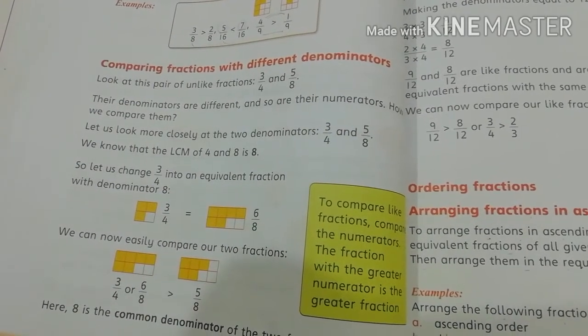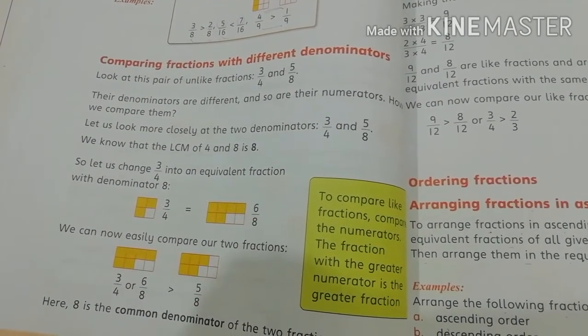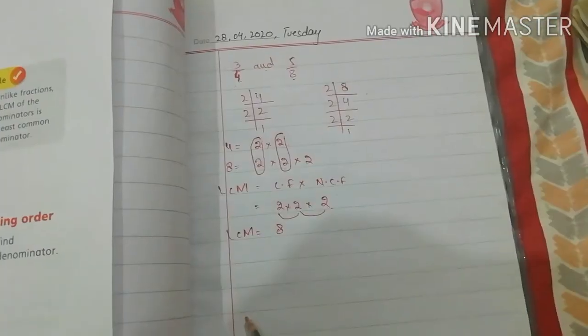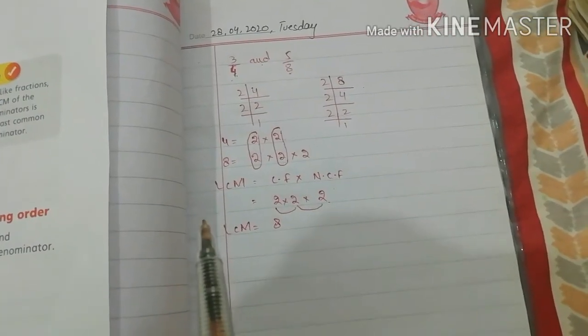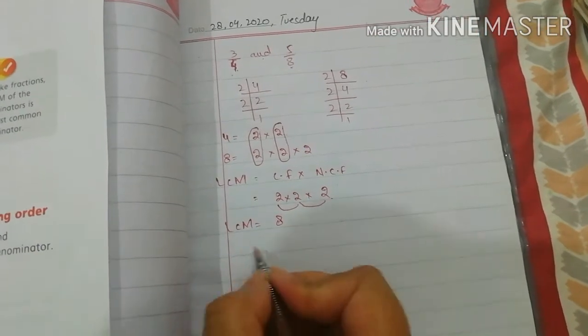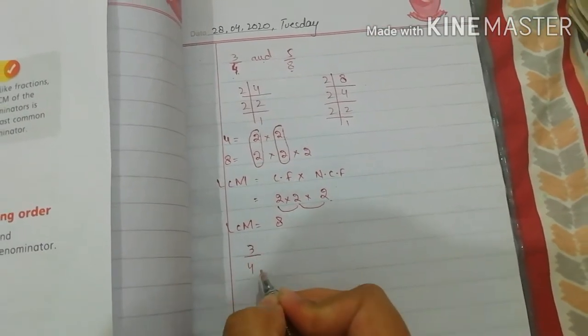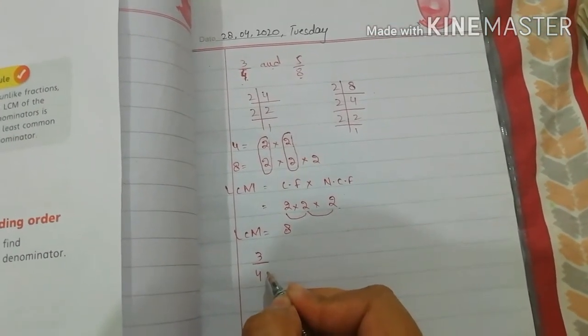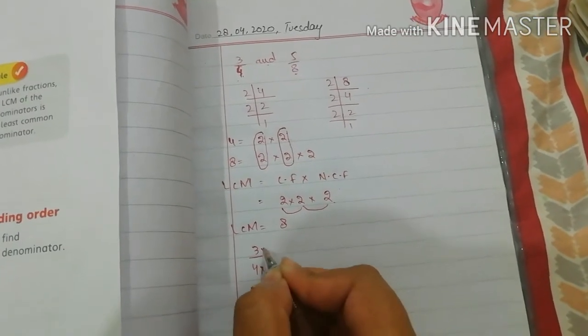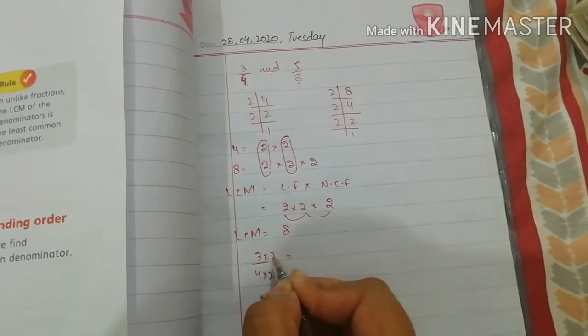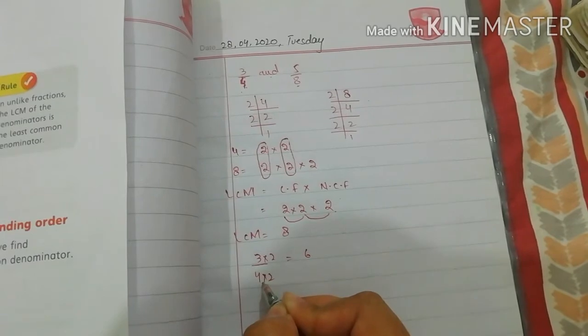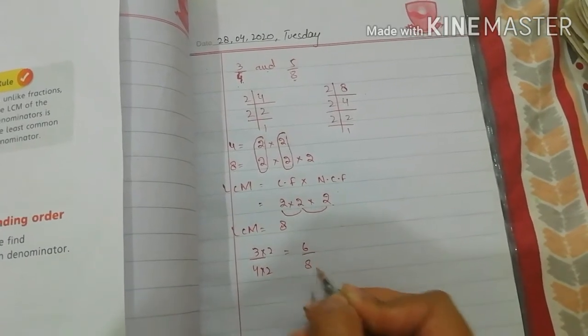So let us change 3 by 4 into an equivalent fraction with denominator 8. Now dear students, we will multiply both numerator and denominator by 2. So 3 by 4 we have to multiply by 2. 2 3s are 6 and 2 4s are 8.